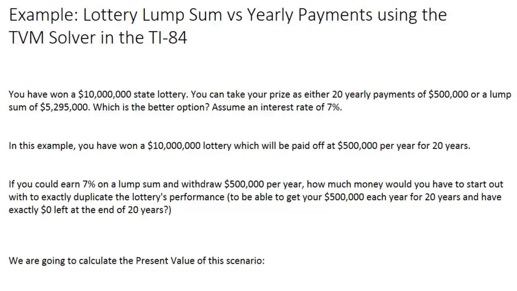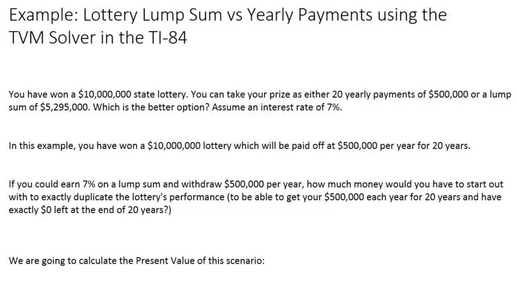So in other words, how much money would you have to invest now, earning 7% for 20 years, and be able to withdraw $500,000 per year so that at the end of the 20 years, you would have exactly $0 left in your bank account. So you would be duplicating what the lottery is going to pay you. Okay? So you've probably figured out that what we're looking for is the present value of this scenario, right?